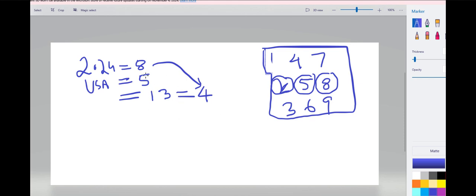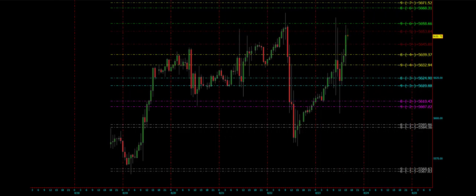So keep this number in mind that this is always active in 2024, 8 and 5. Then we look at the day at the bottom. So the month of 8 is there, and the year is 8.